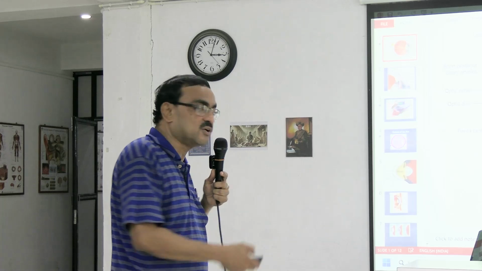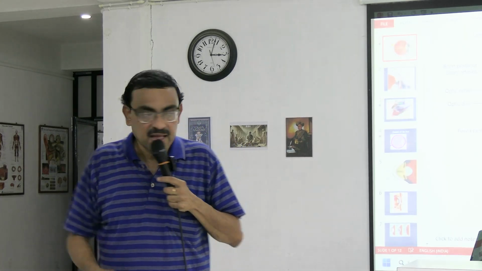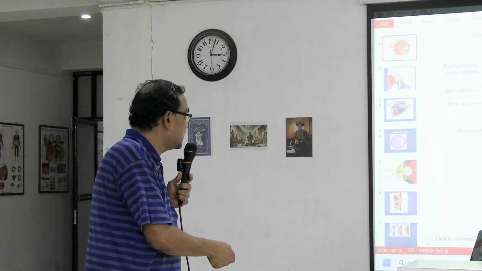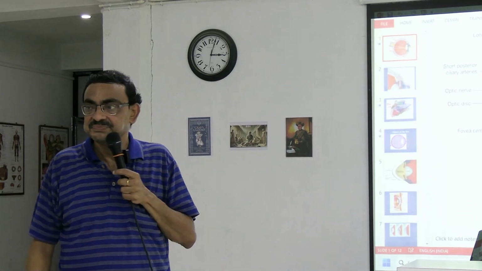From the scleral spur to the ciliary process, the fibers are oriented. They are called the meridional muscles. And on the periphery, we get the circular muscles.